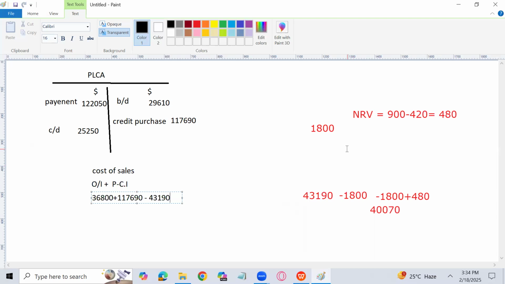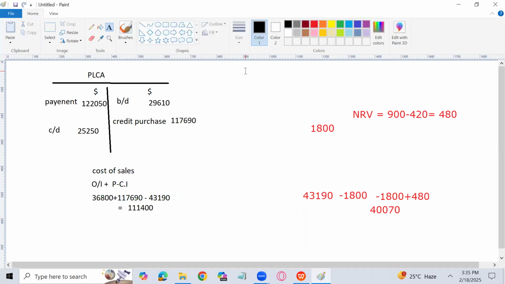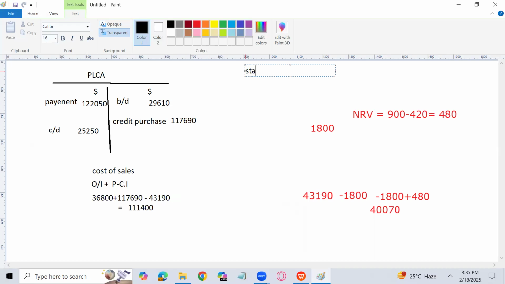So what is the amount of cost of sales? 114400 is going to be the cost of sales. Now I can prepare the statement of profit and loss.